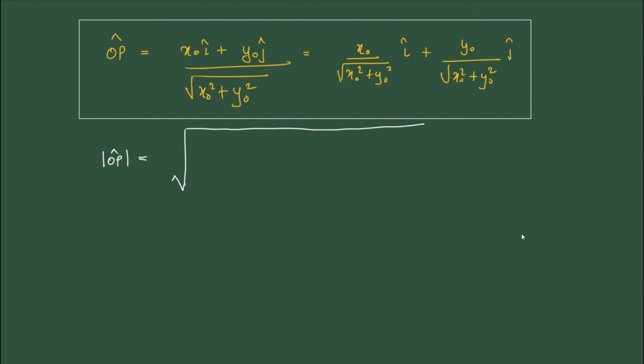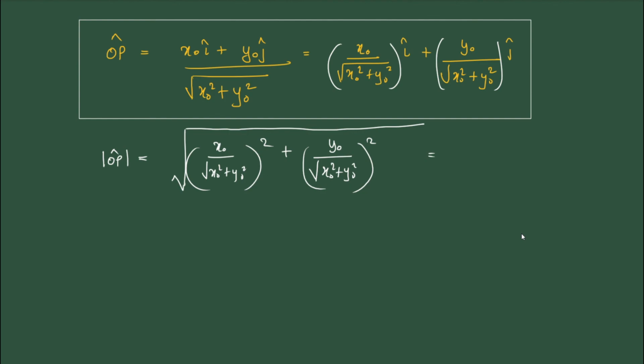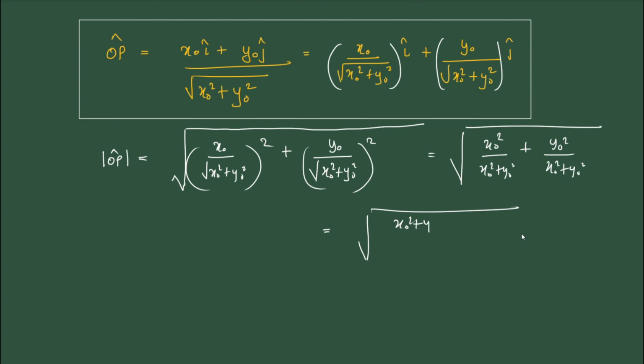If I square the coefficient of i, that is x0 under root x0 square plus y0 square, and add it to the square of the coefficient of j, y0 under root x0 square plus y0 square, it will be x0 square plus y0 square over x0 square plus y0 square.